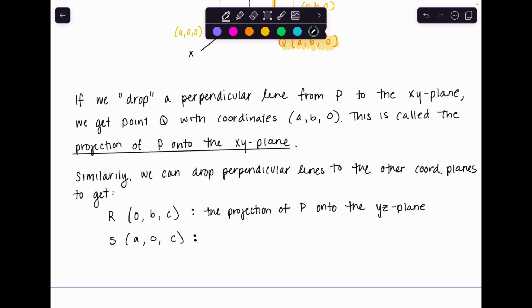This is the projection of P onto the XZ plane. Okay. Another way you can think about these projections, because you're missing that Y component, is as if I'm standing on the Y-axis and looking straight down into the XZ plane. This is that two-dimensional point that I'm seeing, ignoring my Y component. Okay.